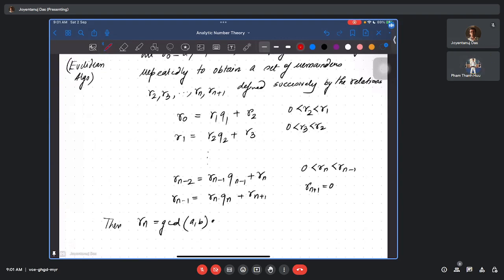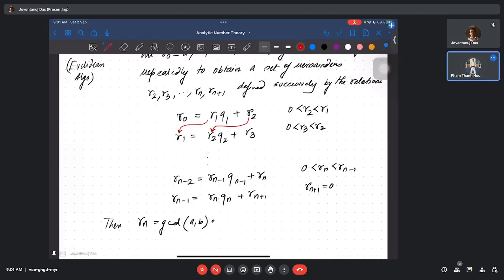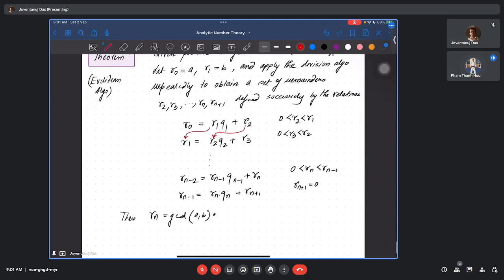So R1 will come here, R2 will come here, right? And then I find Q2 and R3 and so on. So we stop at a position where this R of n plus 1 becomes 0. So then the previous step, the remainder will be my GCD.